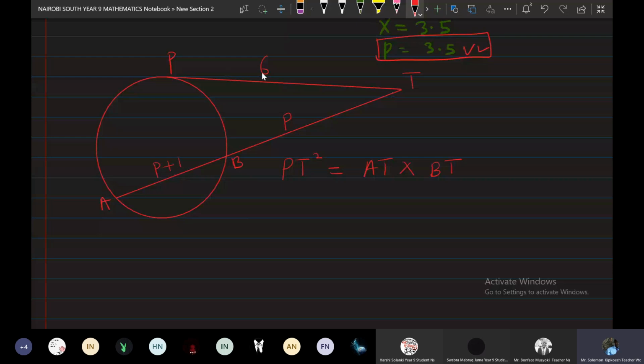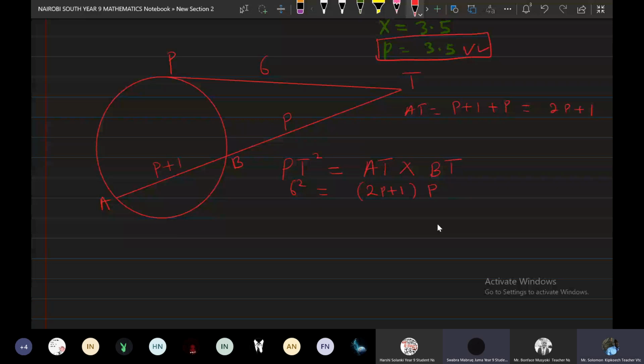Now, what is PT? I have 6. So 6 squared equals, what is the distance from A to T? You add P plus 1 plus P, so you get 2P plus 1. Then I multiply with the one outside, which is P. Are you following?